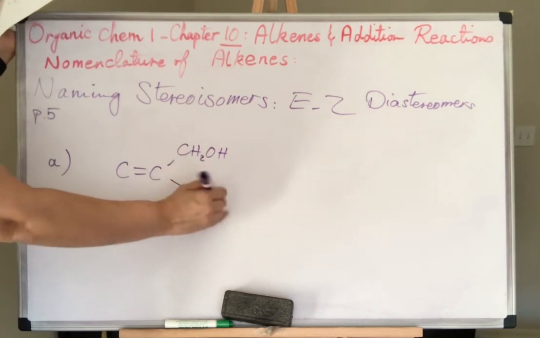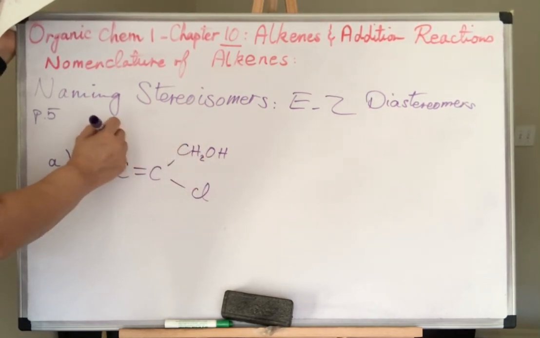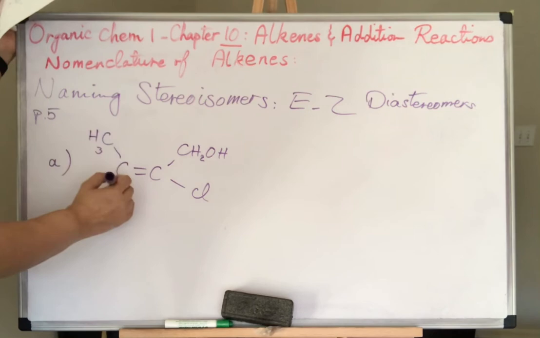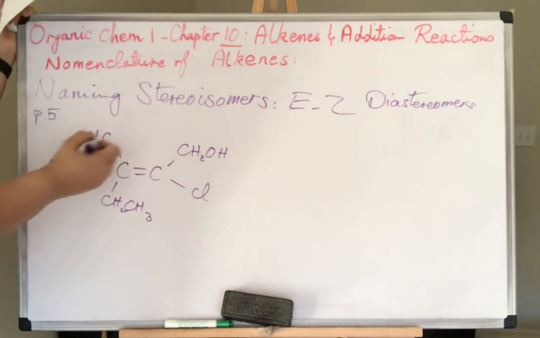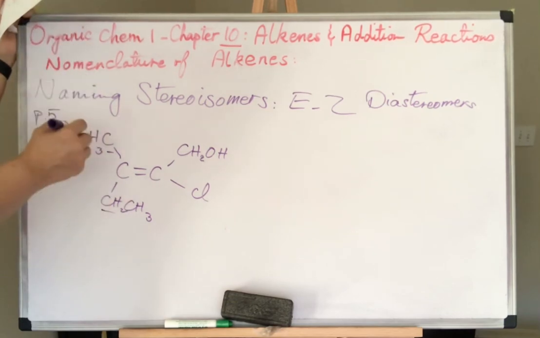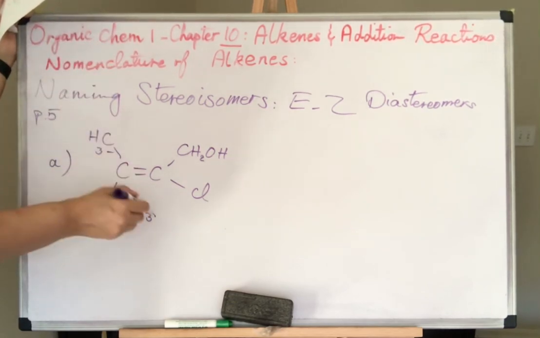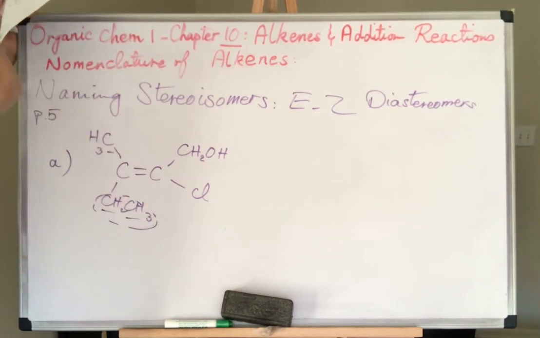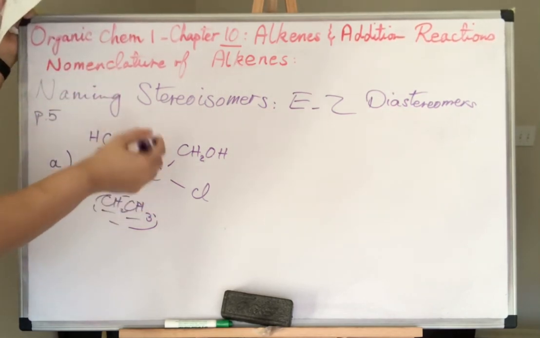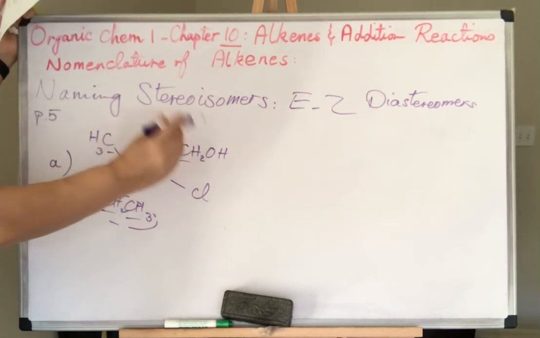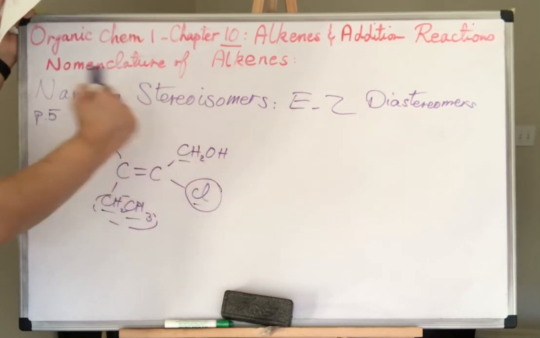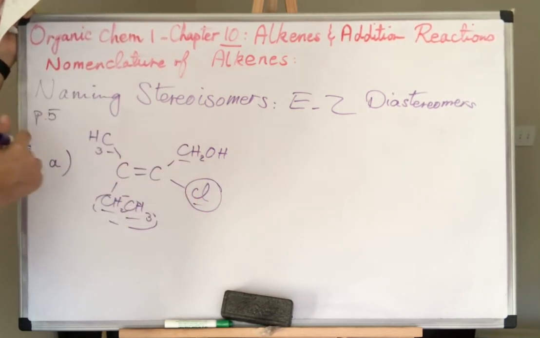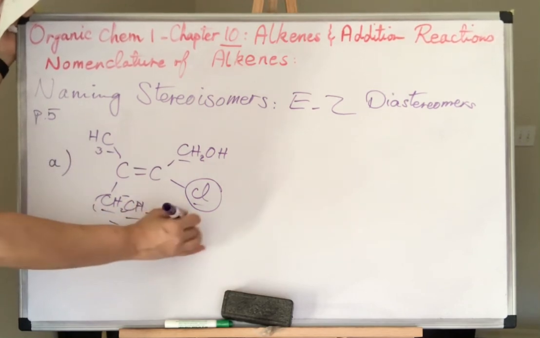You have Cl, CH3, CH2, CH3. So, carbon, carbon, 3 hydrogens, another carbon. So this is the prior group. We are supposed to find E and Z in this practice. Carbon, chlorine. Which one has a higher atomic number? Chlorine. Both of the prior groups are on the same side, so this is a Z.